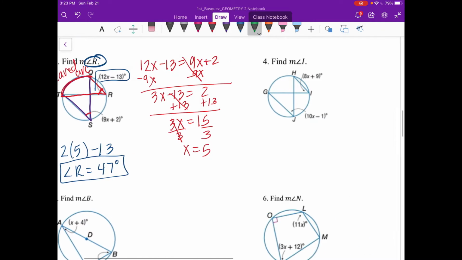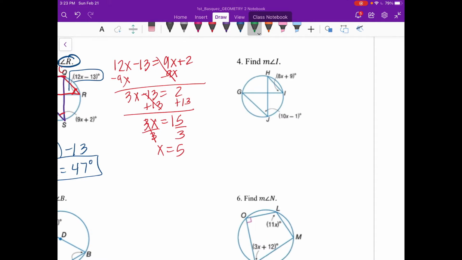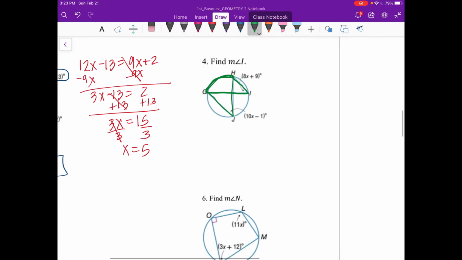Okay. Number 4 is very similar. I'm looking for angle I this time, which is right here. And that is the intercepted arc. And it happens to also match that of J. So I'll do the same thing and set them equal to each other. Okay, so I move the 8x over. Then I have 9 equals 2x minus 1.